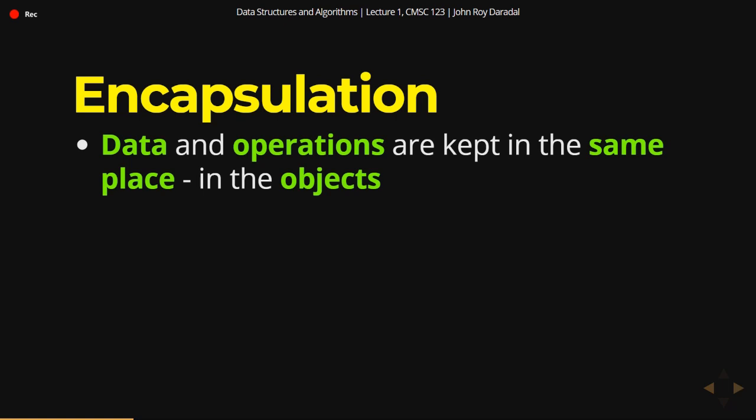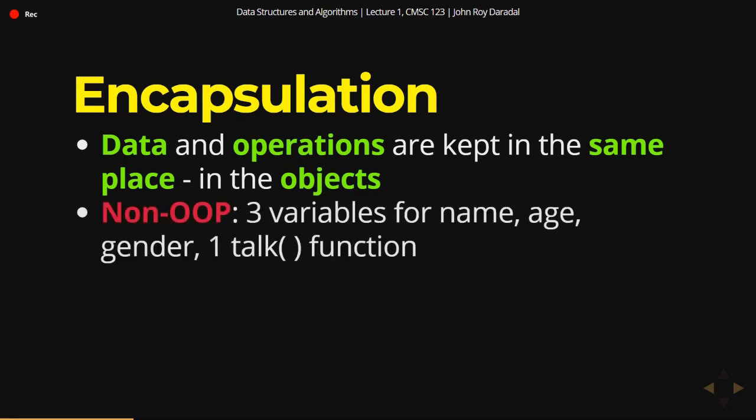Encapsulation is all about this. So encapsulation is about keeping the data and operations in the same place, which is in the object. Okay, so inside the object, you keep all the data and all the operations in one place. Unlike, for example, if you don't do it in the OOP way, you could have three variables for, say, name, age, and gender.